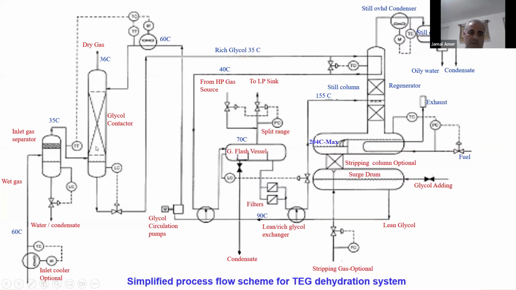Also, we have to keep a certain level in the contactor to avoid any gas coming to the reboiler system. Here is the point where we can add glycol. We add fresh glycol to the surge drum. The level of the surge drum we should keep around 60%, 70% all the time.